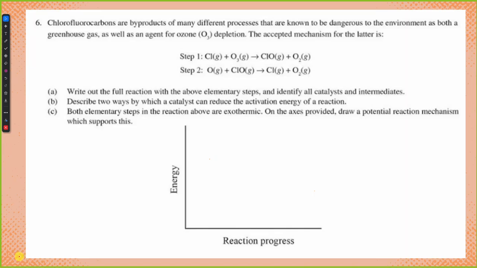Identify catalysts and intermediates. Describe 2 ways by which a catalyst can reduce the activation energy of a reaction. And both elementary steps in the above are exothermic. On the axis provided, draw the potential reaction mechanism that supports this. Okay.